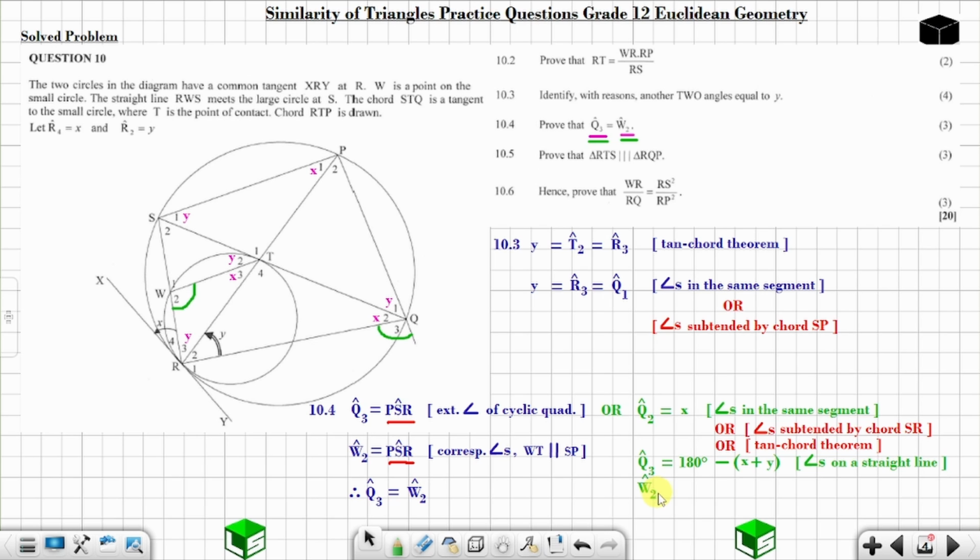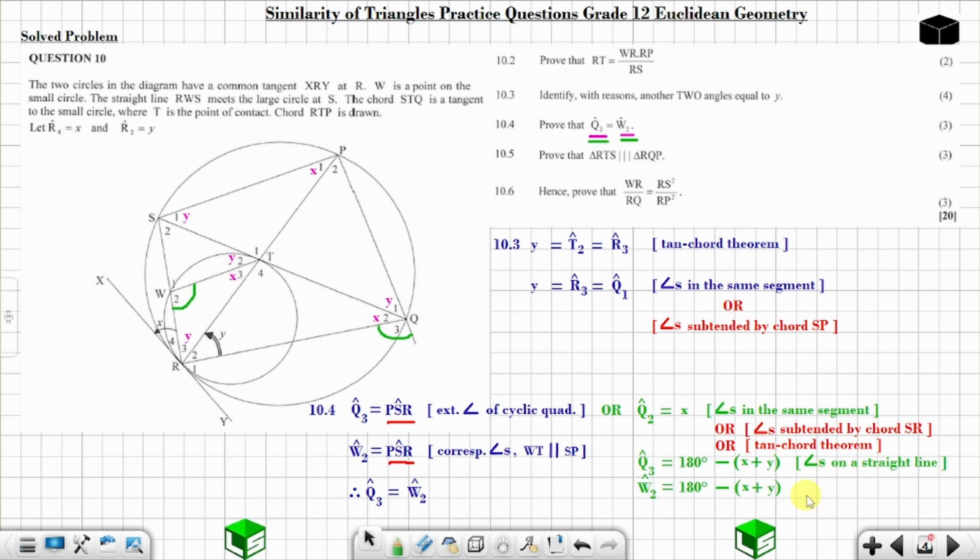Angle W2, this is an angle in this triangle. You can use this triangle. So to find this angle, you have 180 minus x minus y, or minus x plus y in bracket.